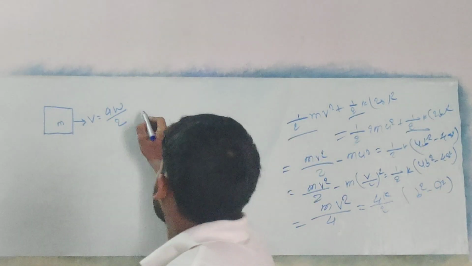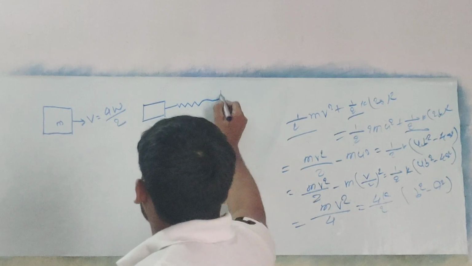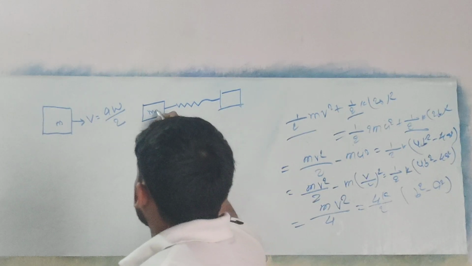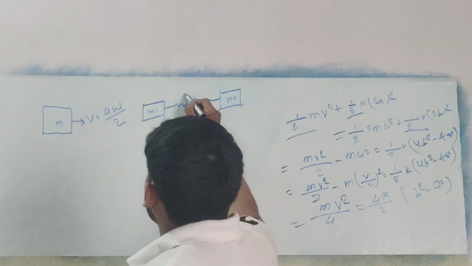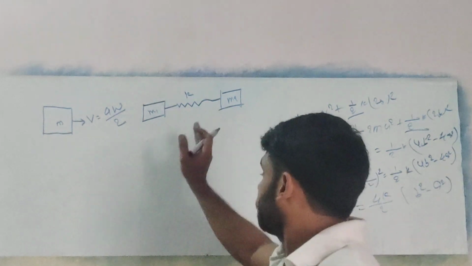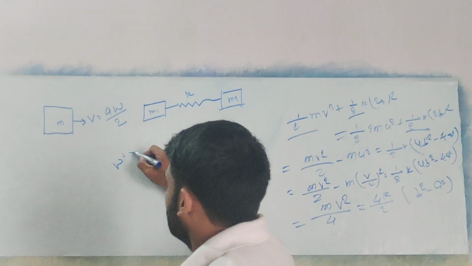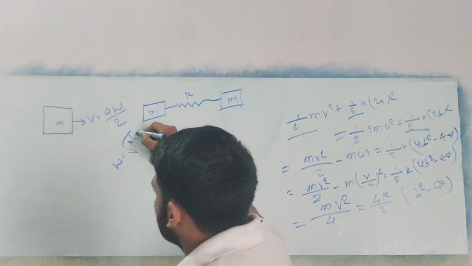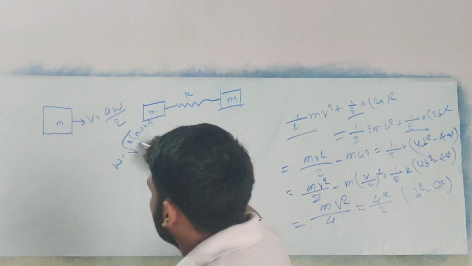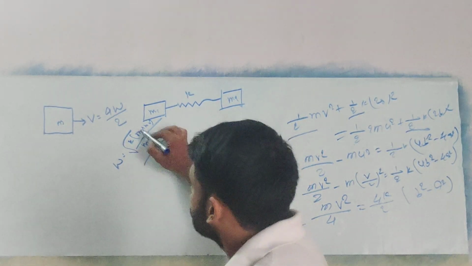Now see, once again, if two blocks m1, m2 are connected by a spring k, the angular frequency of oscillation of this system will be given by omega is equal to root of k times (m1 plus m2) by m1 m2, right?